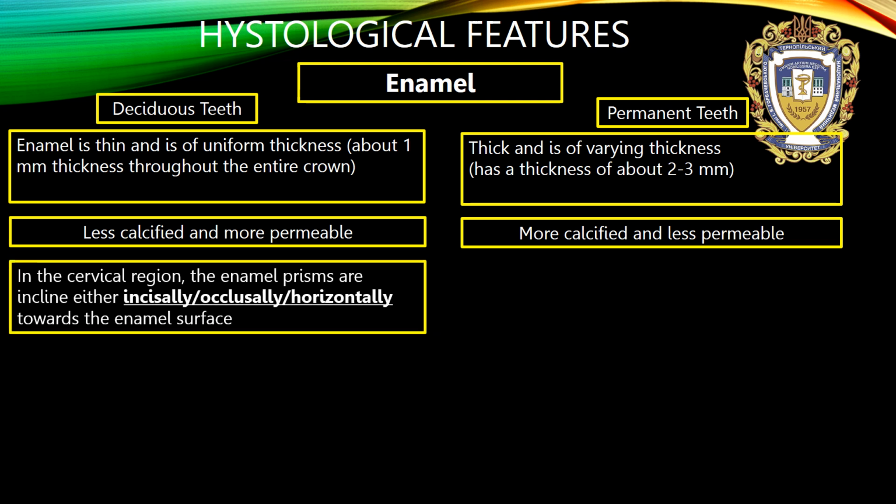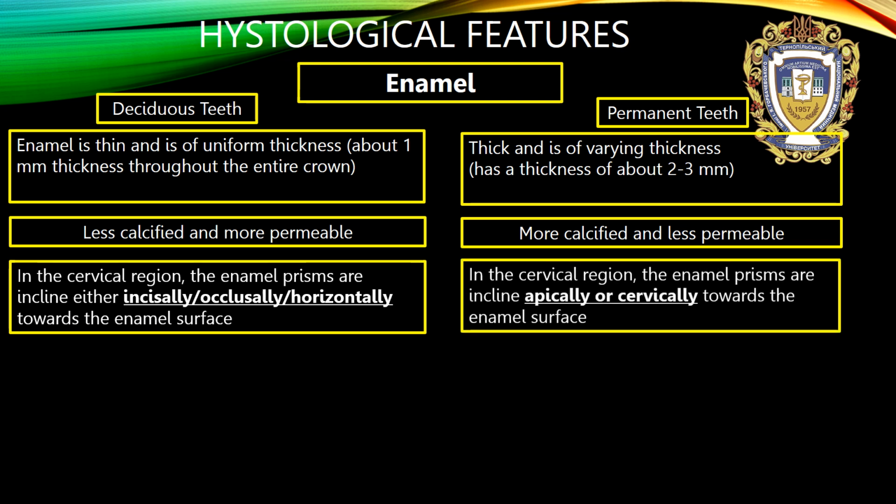In the cervical region of temporary teeth, the enamel prisms are inclined either incisally, occlusally, or horizontally towards the enamel surface.